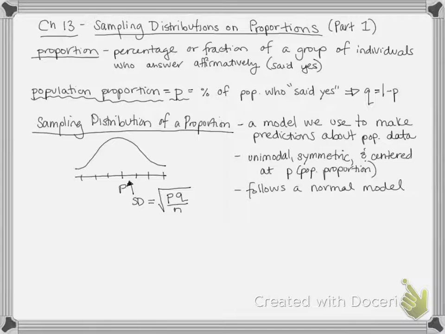If we wanted to use our typical idea of mean and standard deviation in parentheses, our model would have to look like this: N(p, square root of pq over n). So this would be a normal model where the center is p and the standard deviation is the square root of p times q all divided by n.